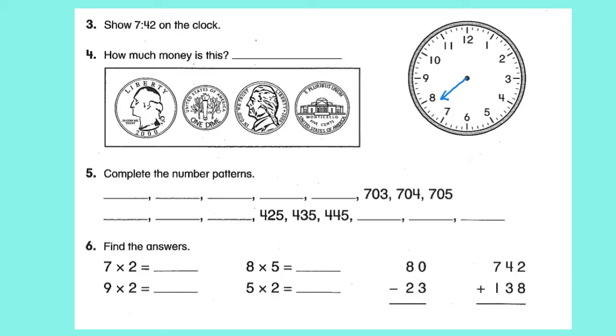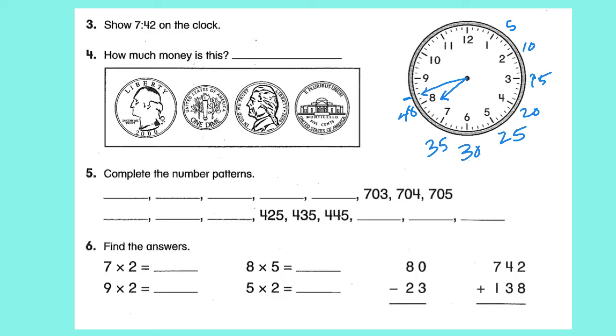So if we counted around the clock, we know this is 5, 10, 15, 20, 25, 30, 35, 40, and we want 42. That's about right there. So the long hand would be pointed that way. So the time on the clock shows 7:42.